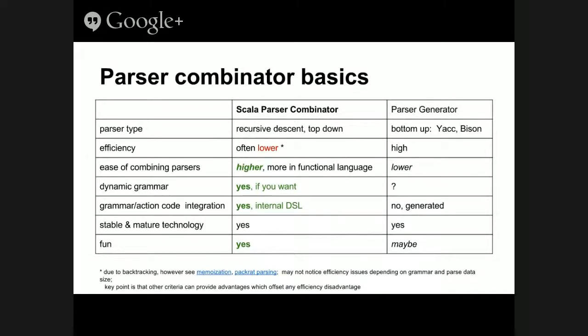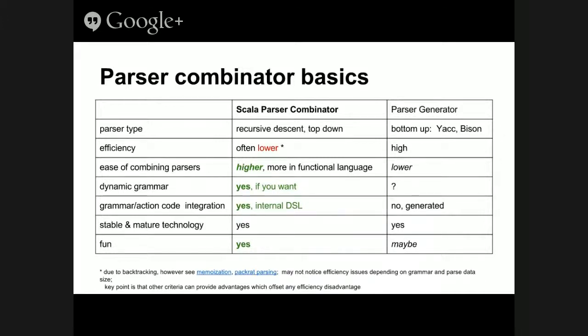Like Brian was mentioning, the parser combinator often has lower efficiency because of the backtracking, because it's not looking ahead and it hasn't figured out ahead of time the optimal way of looking at the tokens and figuring out what to do next. It has to sort of try something. If that doesn't work, it might go down some path, come back, try something else.